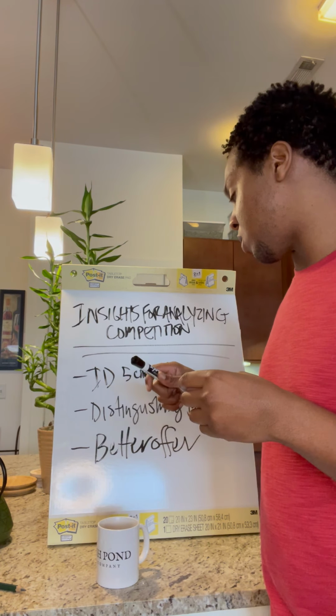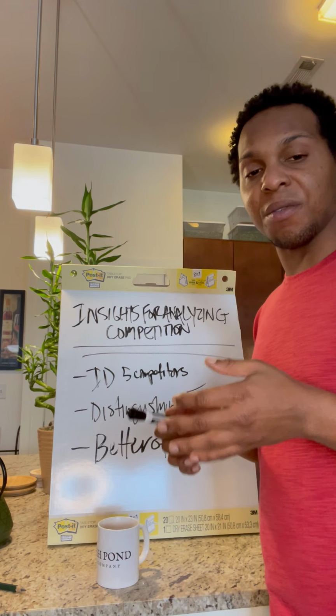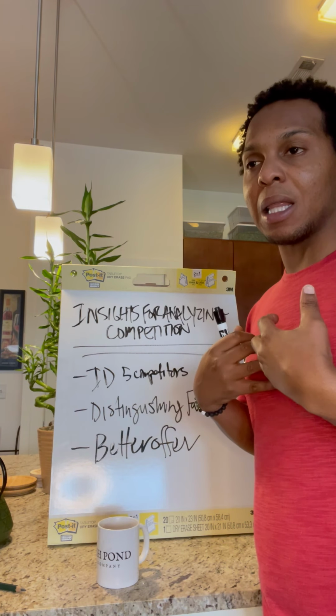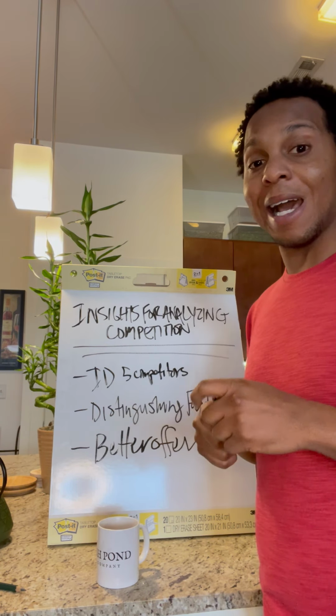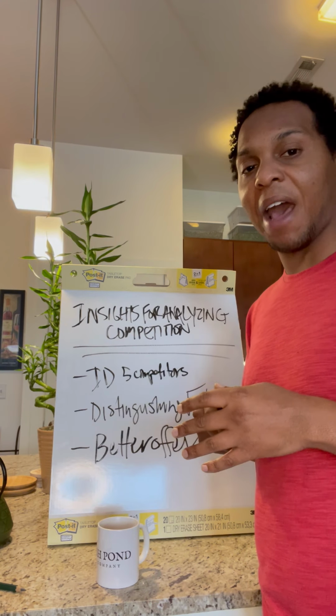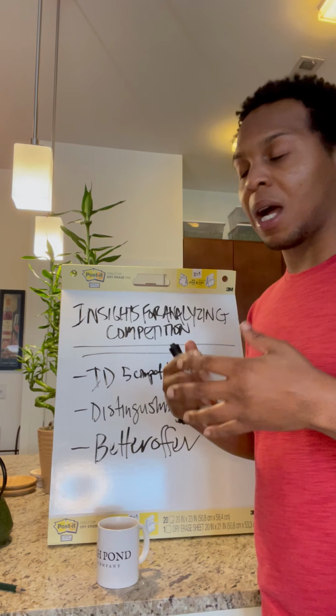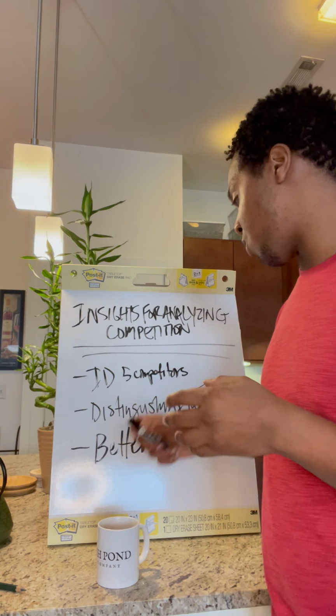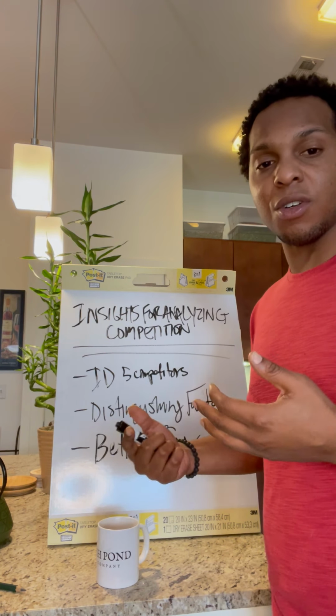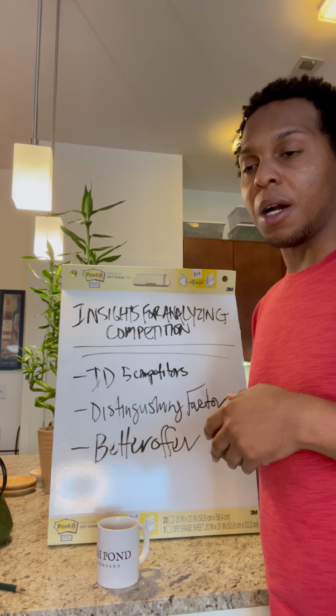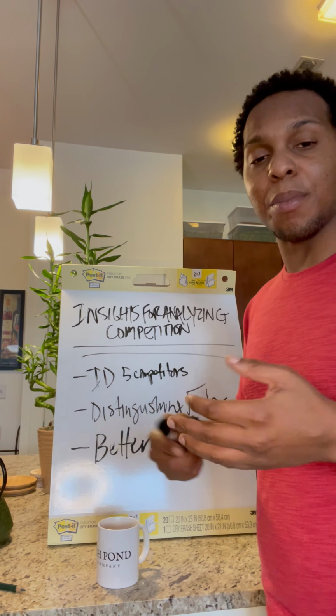Two, definitely consider what's your distinguishing factor. Again, for me, a lot of times in the work I'm doing, diversity is the distinguishing factor, so I try to inject some diversity in the content. And then three, what is the better offer you can provide over your competitors.